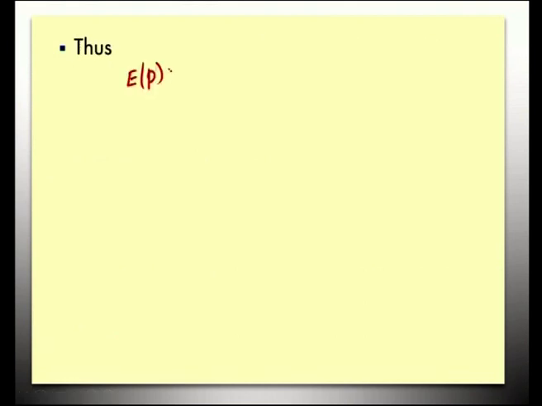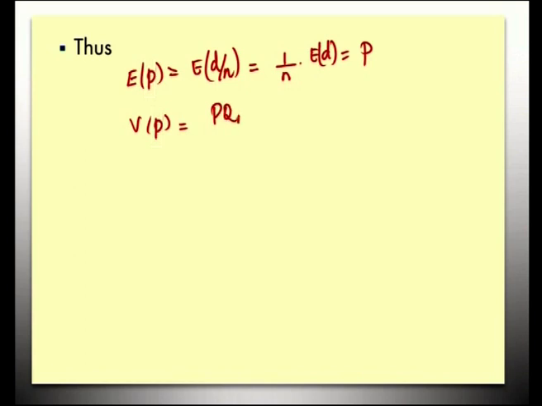Thus, we have E of p is equal to E of D divided by n, is equal to 1 by n into E of D. This is equal to the population proportion P. Similarly, variance of p is equal to PQ by n.